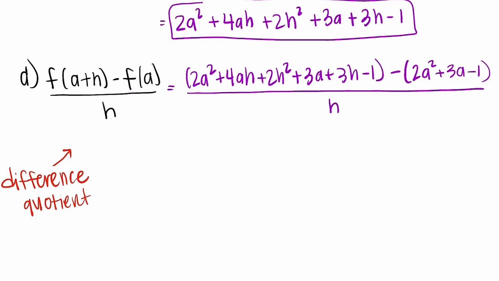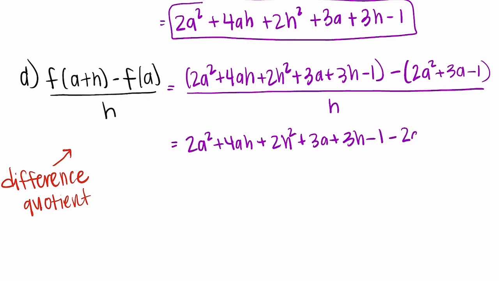And then we're going to go ahead and simplify. So I'm going to distribute my negative, combine like terms, and then we're going to see what happens when I do that. You can write it out, or actually, I am going to write out distributing the negative. So if we distribute the negative, I'm still going to have the 2a squared plus 4ah plus 2h squared plus 3a plus 3h minus 1.